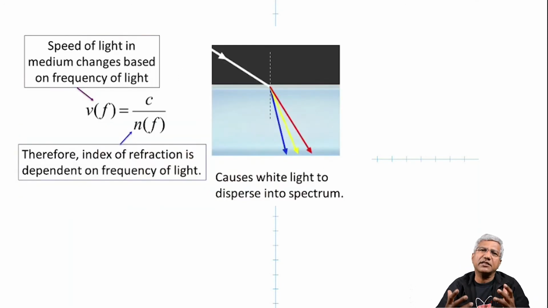Now, why does light bend when it moves from one medium into another? It's because of the change in speed of light. So the speed of light in air is not the same as that in water. In fact, the speed in air is maximum. How much is that? 3 times 10 to the 8 meter per second.